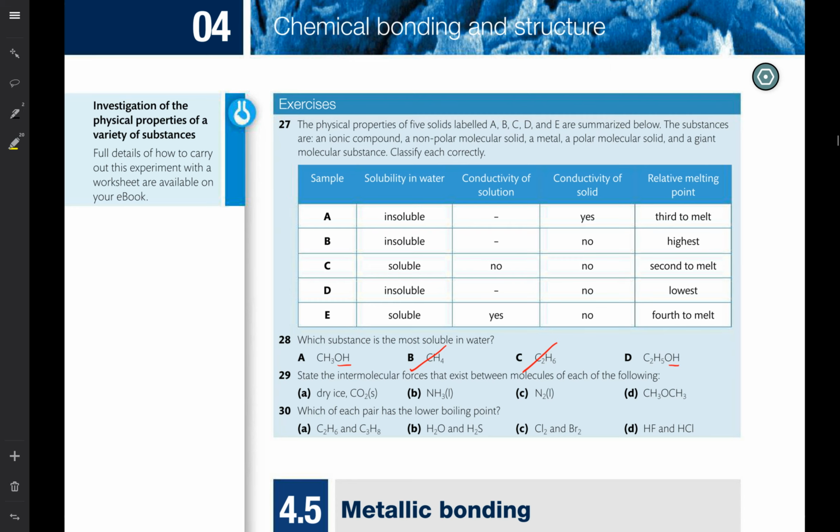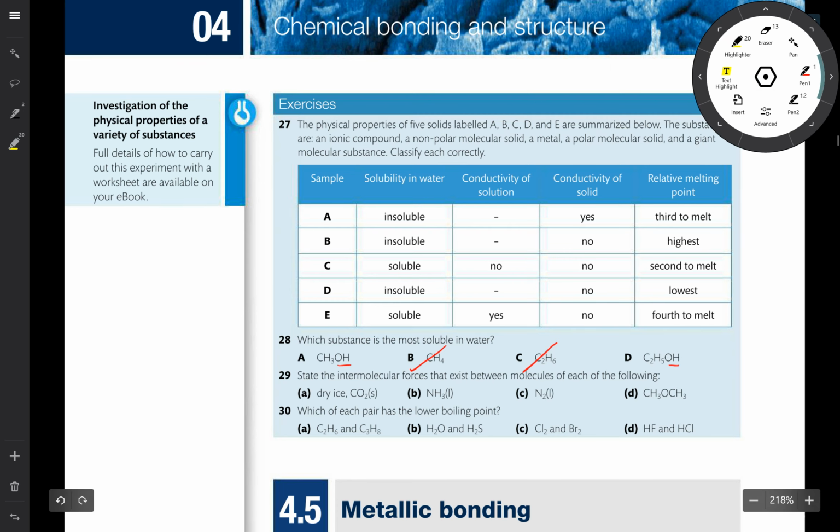But between these two alcohols, the difference is the length of the hydrocarbon chain. This one has only one carbon, this one has two carbon, and you know when the length of the hydrocarbon chain increases, the non-polar properties of that molecule increases, and it becomes less soluble in the polar solvent like the water. So the most soluble substance in the water is A.